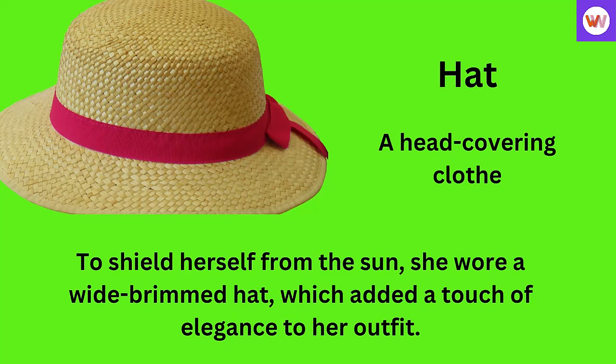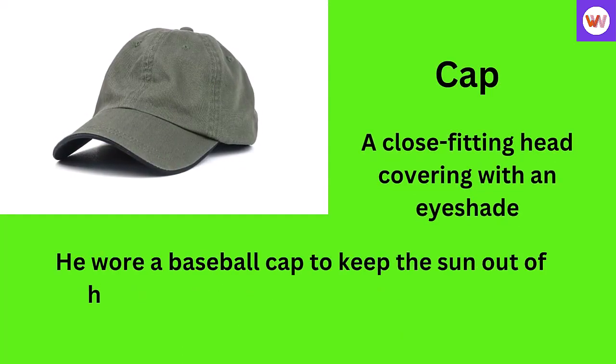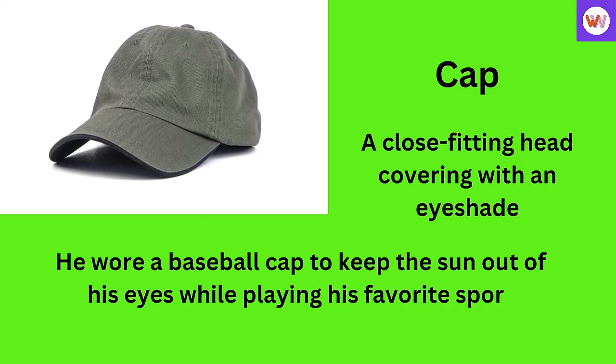To shield herself from the sun, she wore a wide-brimmed hat, which added a touch of elegance to her outfit. Cap. A close-fitting head covering with an eye shade. He wore a baseball cap to keep the sun out of his eyes while playing his favorite sport.